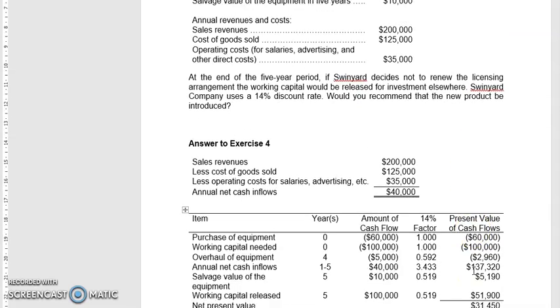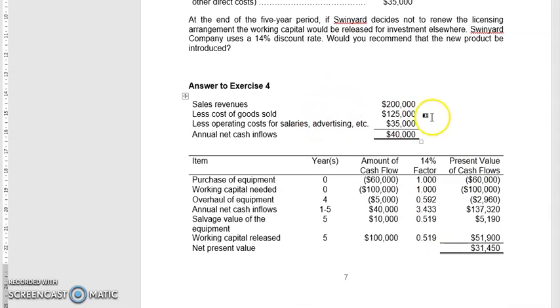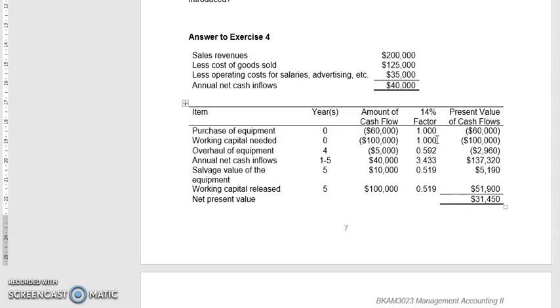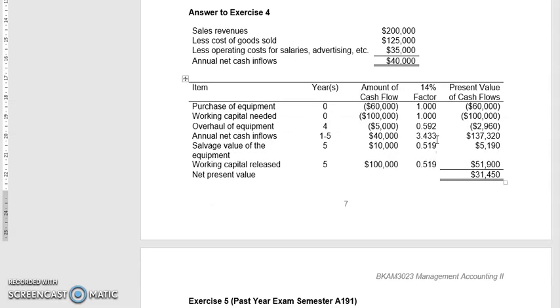So let's see. Sales revenue, less cost of goods sold, less operating cost, and we get the annual net cash inflows. So annual net cash flow, we calculate here. Purchase of equipment is 60k. Working capital needed is 100k.